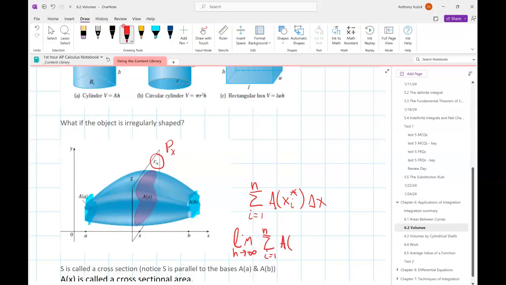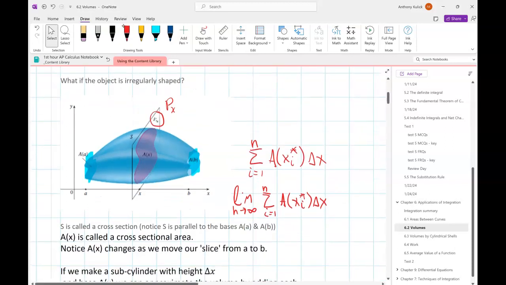So if I slice this thing infinitely thin, I take infinitely many slices, so each time I add a slice, it has to get thinner because I'm just slicing from A to B, right? If I slice from A to B and I use 10 slices and then I make it 20, by nature they have to be thinner slices.